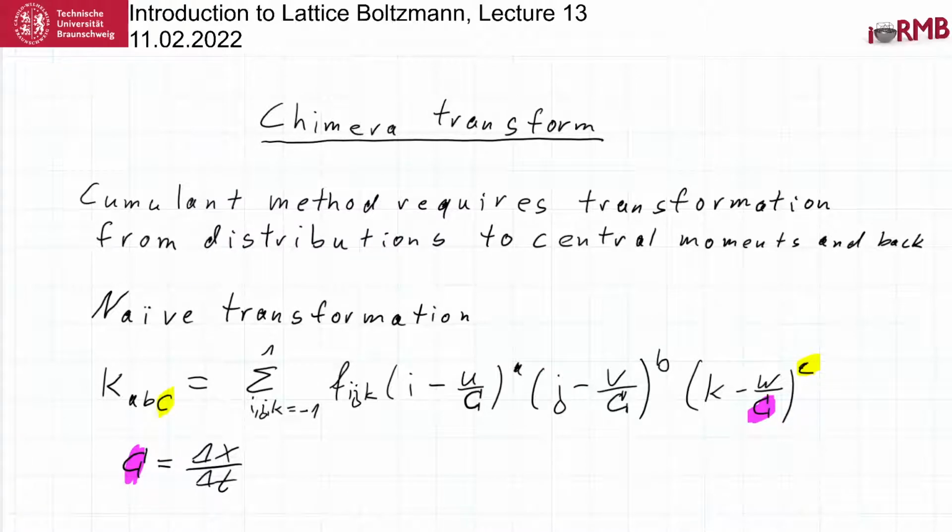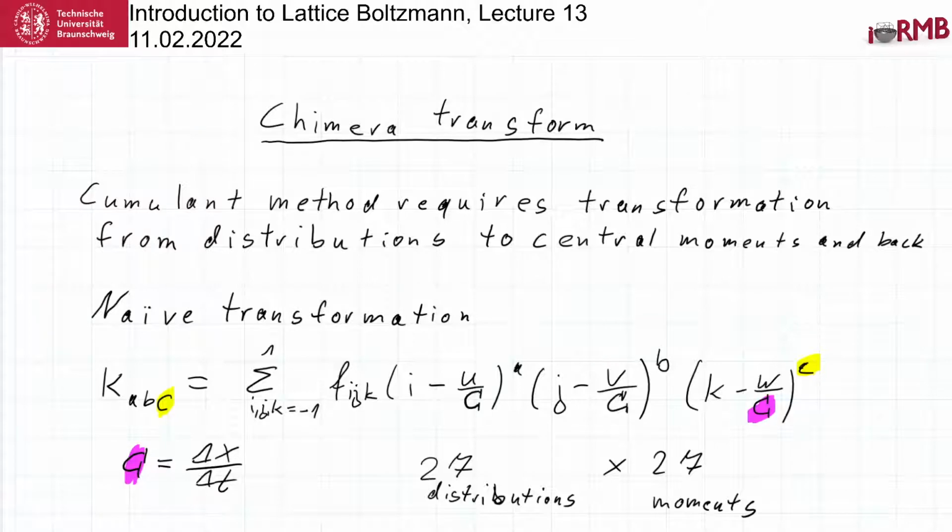Okay, so all of these sums have 27 terms. So there are 27 distributions, and we have to compute 27 moments. Which means naively we have to do a sum over 27 distributions 27 times.